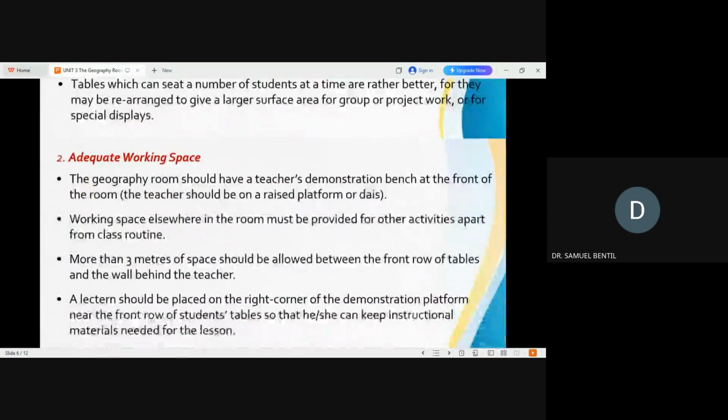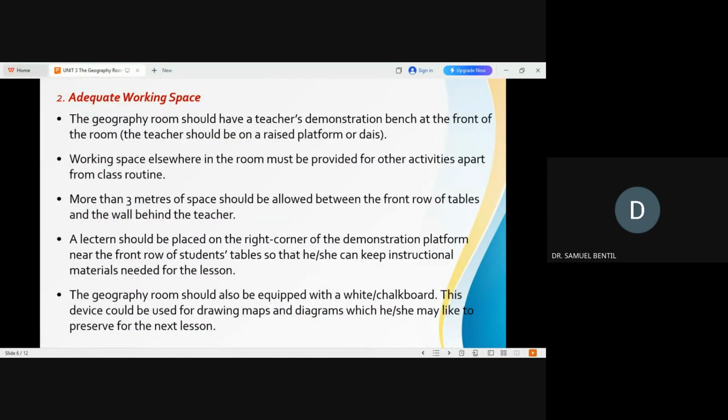Now, apart from the adequate sitting space, there should also be adequate working space. And here we are saying that the geography room should have a teacher's demonstration bench at the front of the room.